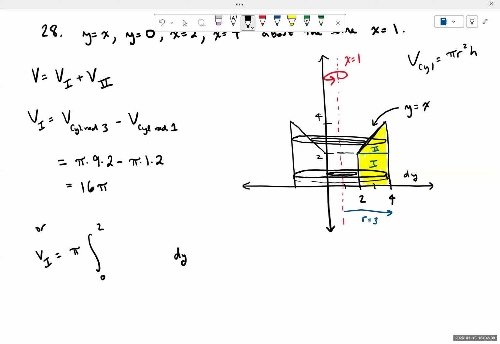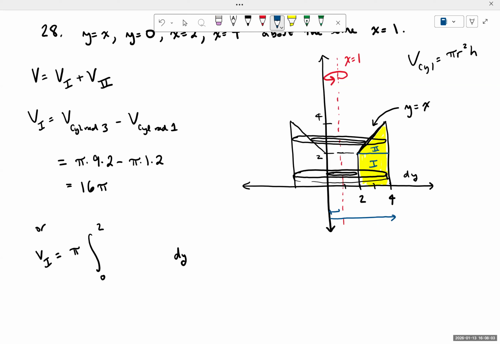Now, I know this line is at x equals 4, but remember, I'm not going around the line x equals 0. I'm going around the line x equals 1, right? So r would be this whole distance, but we're subtracting this distance.